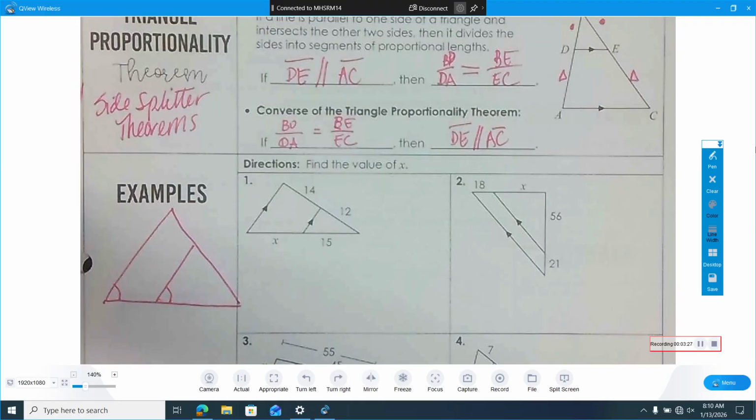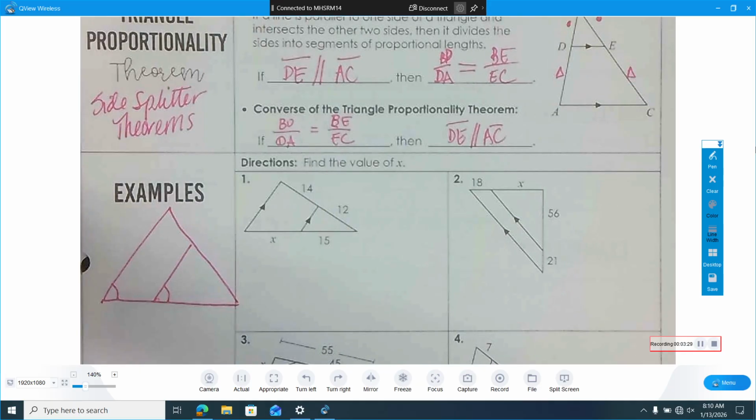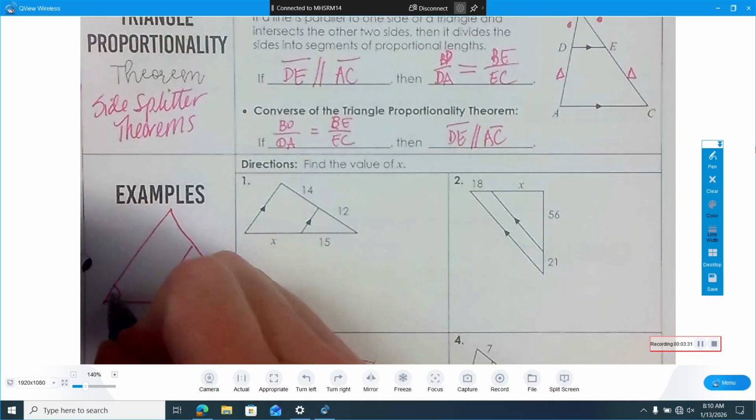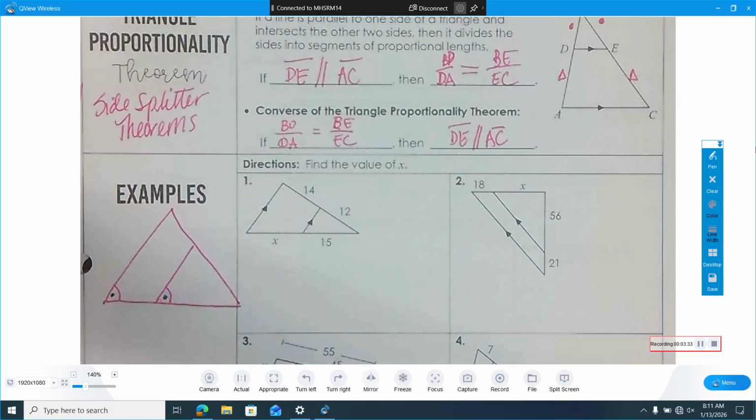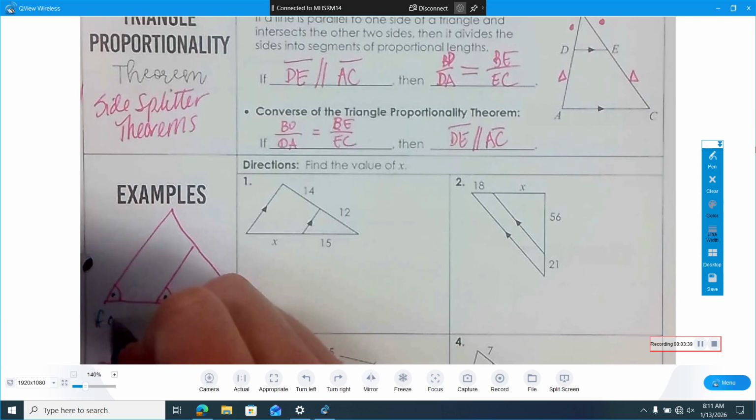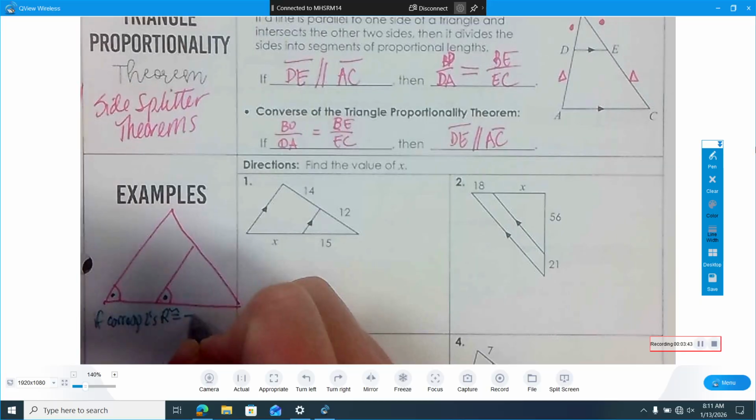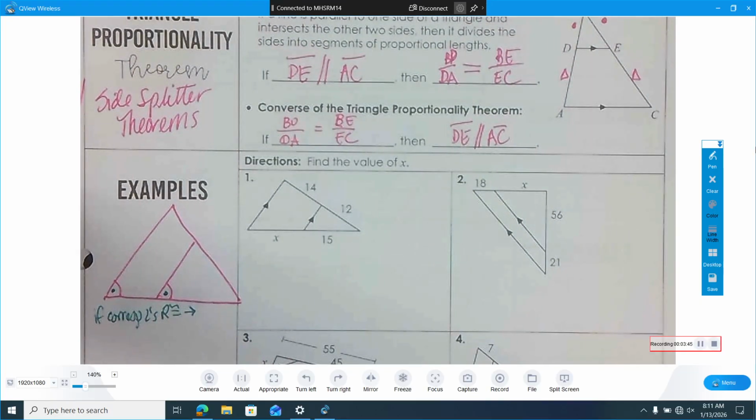So here's what we would see in Delta Math. What do we learn when they've given us these two congruent angles? They're corresponding. Hey, if corresponding angles are congruent, what do we know that we must have?